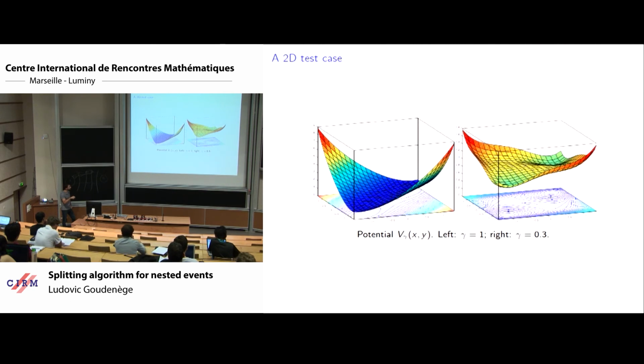I want to avoid the maximum of the altitude, and I want to pass this way. Okay, so I want to see the trajectories, and I want to see if the trajectories choose this road to pass from A to B.